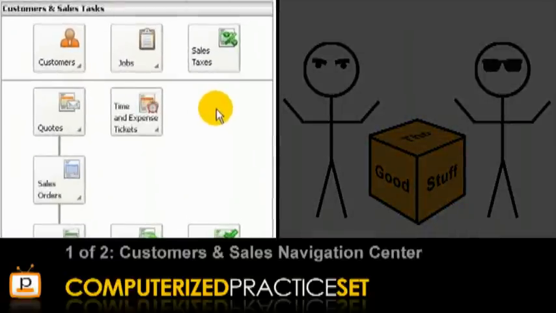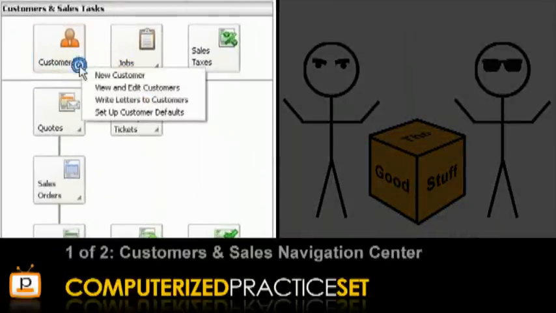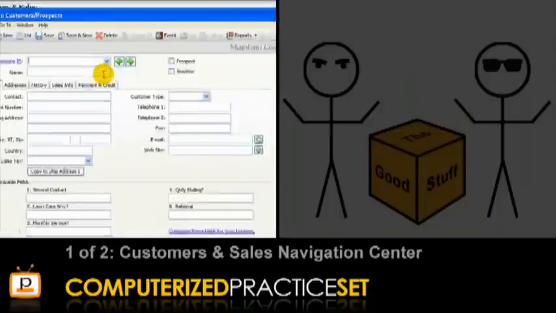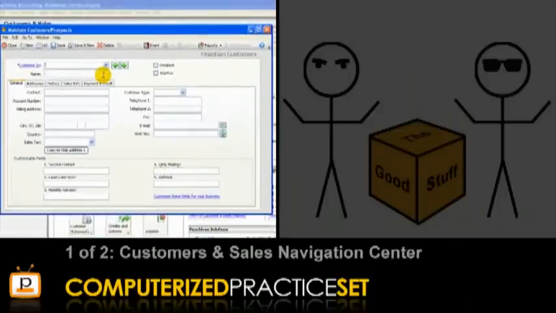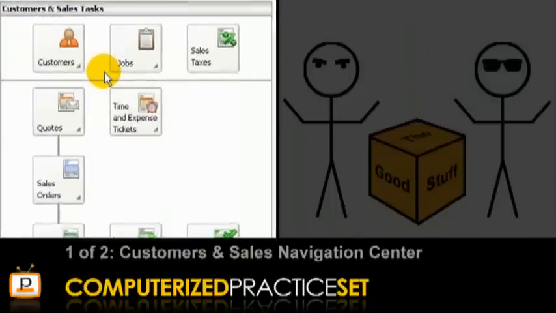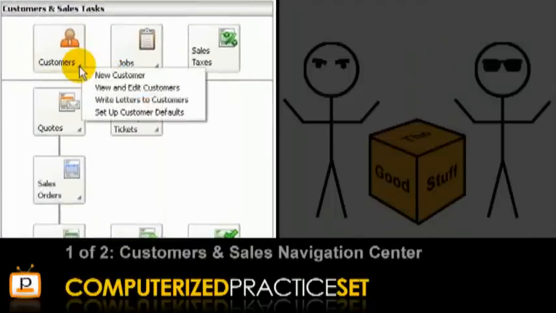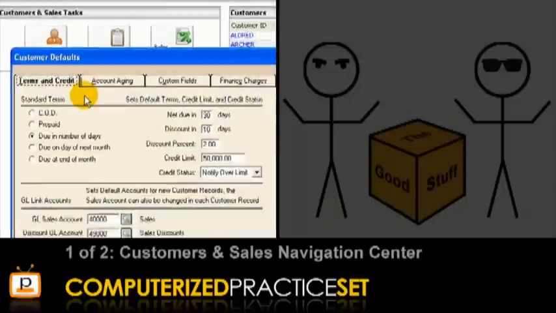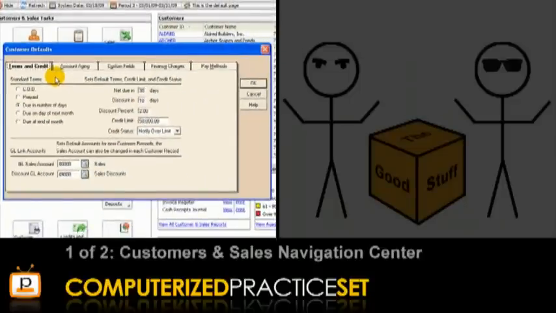This is done by clicking the Customers icon and selecting New Customer, where Chris can record essential information about Joe required to sell the good stuff on credit. From this same Customers icon, selecting Set Up Customer Defaults allows access to the Customer Defaults window, where information that applies to all customers is set up.